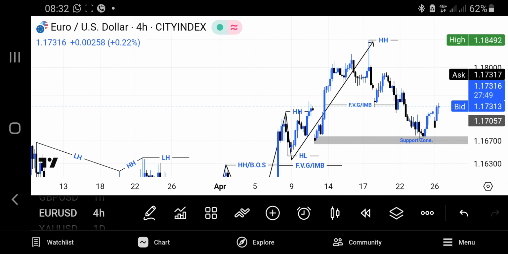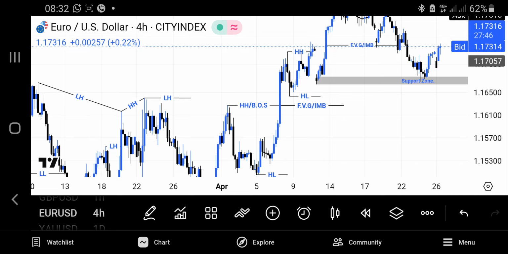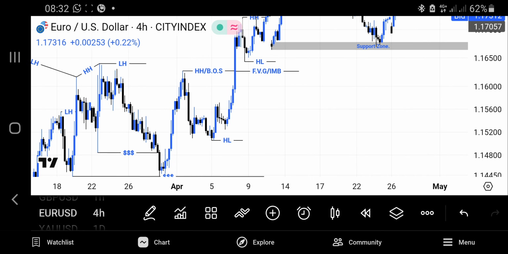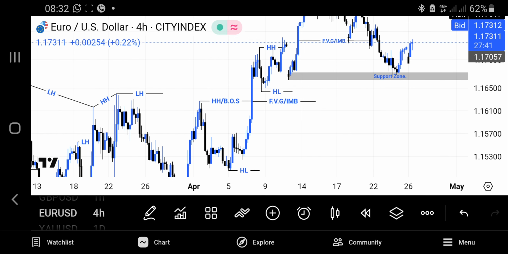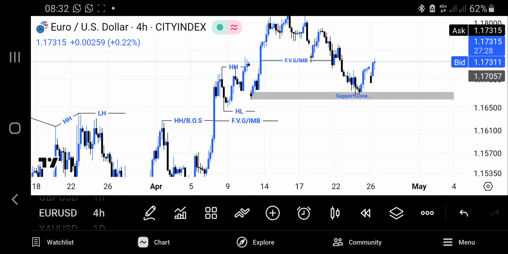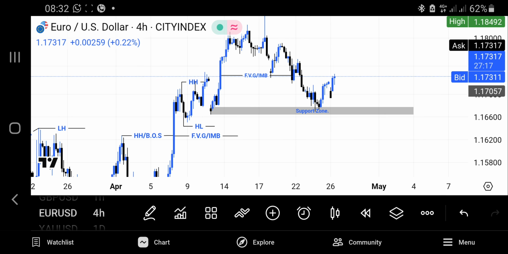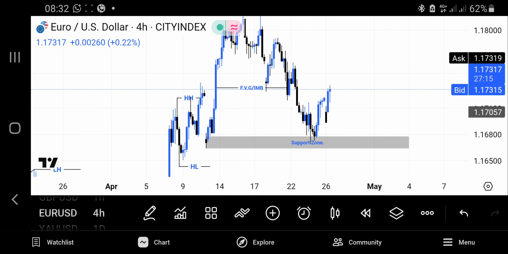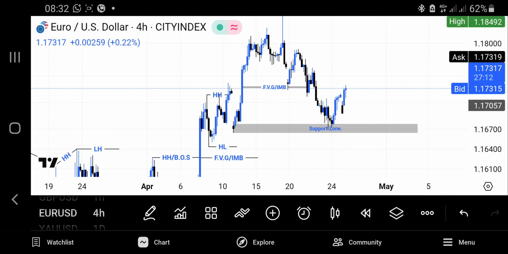You can see it higher, higher, higher, and that is the structure for an uptrend. Though there's a gap here left unfilled, which the market may come back to fill because there's a buy side imbalance, sell side inefficiency, inefficiency in selling volume at that point. So let's watch and observe how it will play out.